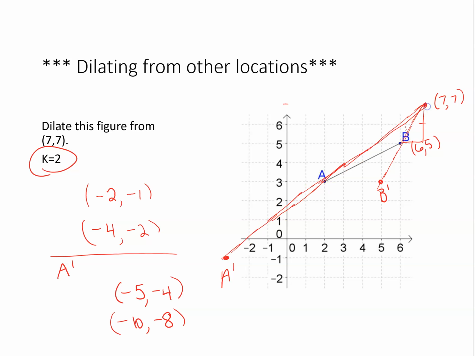This point is twice as far away from the point of dilation. So mainly just counting it out and thinking about what you're doing is the best way to go about that. How far away am I from that dilation point? Use my scale factor as a multiple, to either go further away or not as far away. All right, hope that helps.